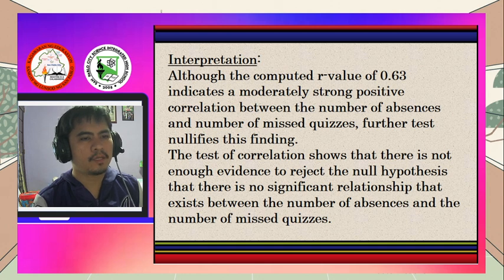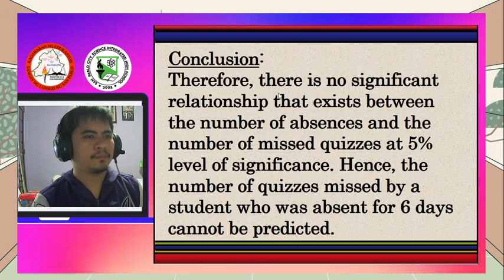The test of correlation shows that there is not enough evidence to reject the null hypothesis that there is no significant relationship between the number of absences and the number of missed quizzes. And in our conclusion, therefore, there is no significant relationship between the number of absences and the number of missed quizzes at the 5% level of significance.